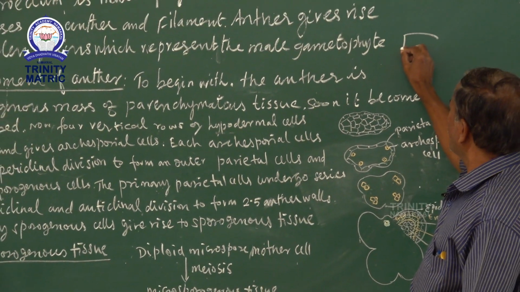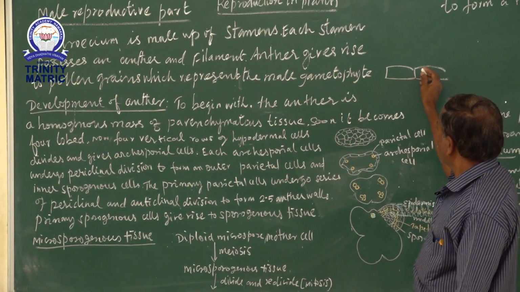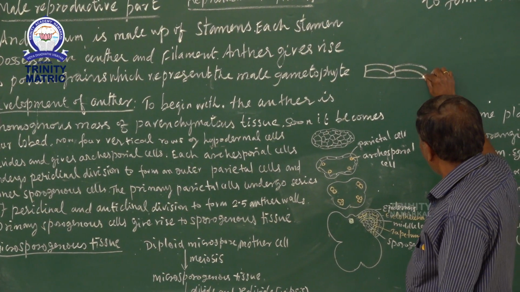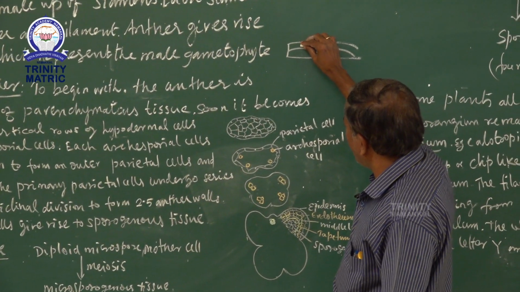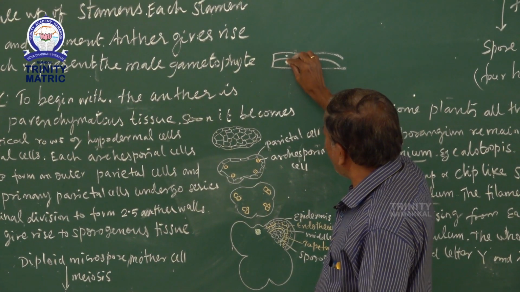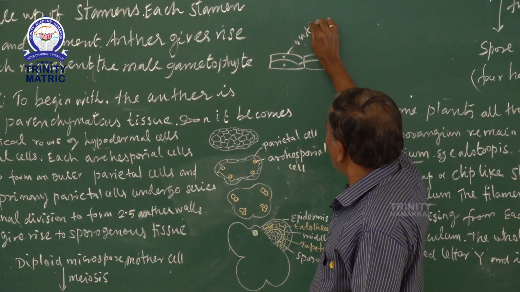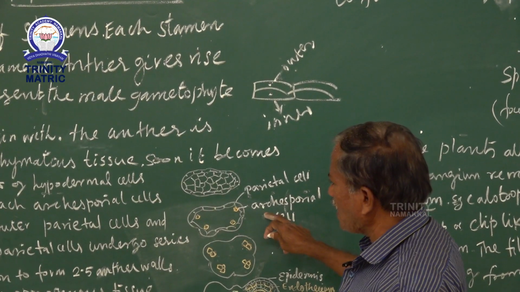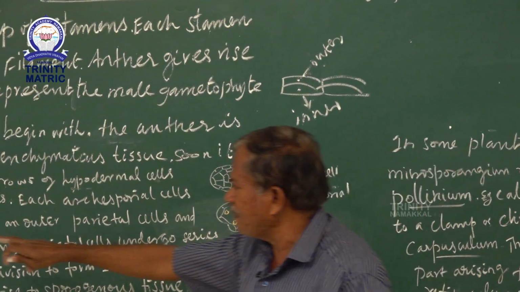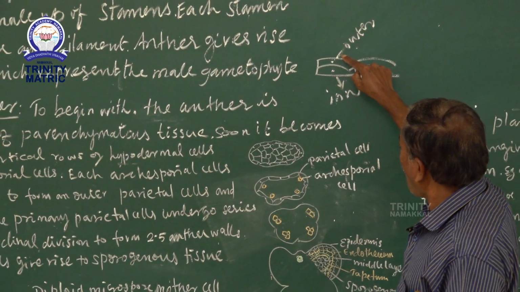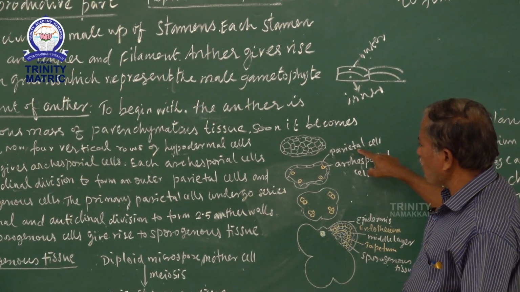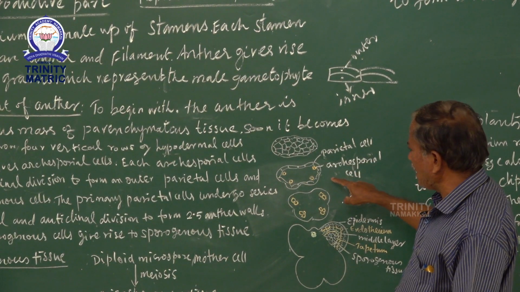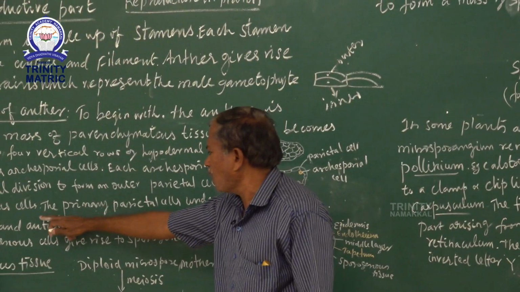Division parallel to the surface is called periclinal division. This gives rise to an outer and an inner cell: the outer parietal cell and the inner sporogenous cells.